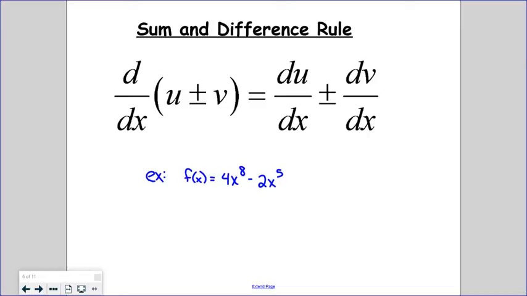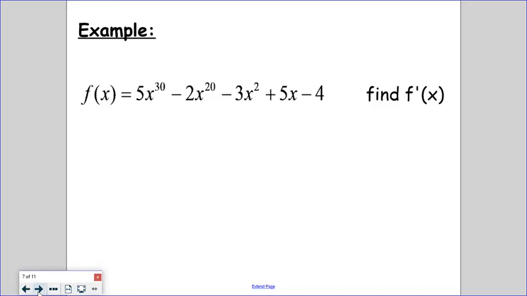So our derivative, let's see, 8 times 4 would be 32, x to the 7th, and then I do this a second time, 5 times negative 2 would be negative 10, x to the 4th. So basically I can just apply my power rule to each one of those individually as I go down the polynomial, okay? So you guys go ahead and try that on this one. Given this complex polynomial, find its derivative.